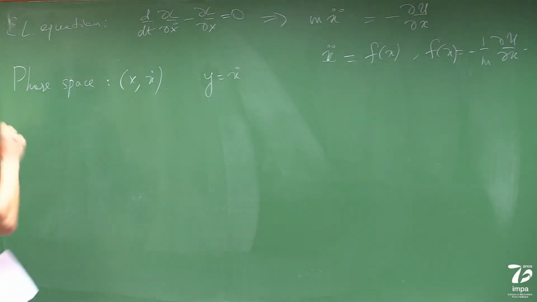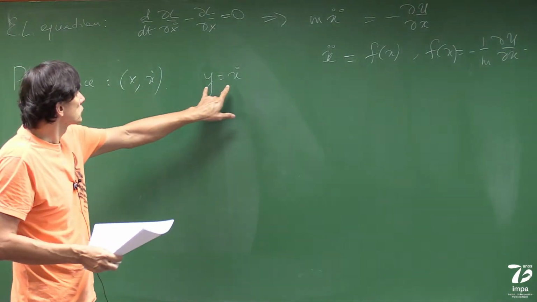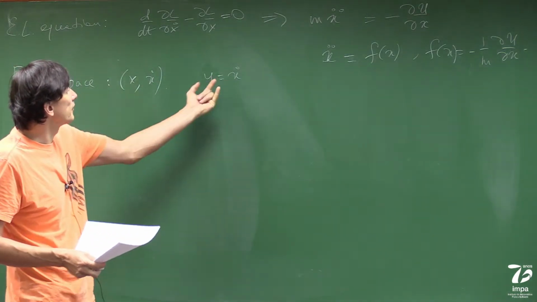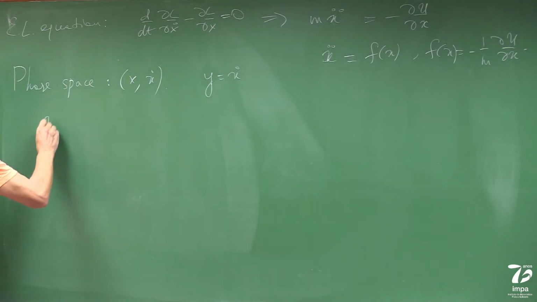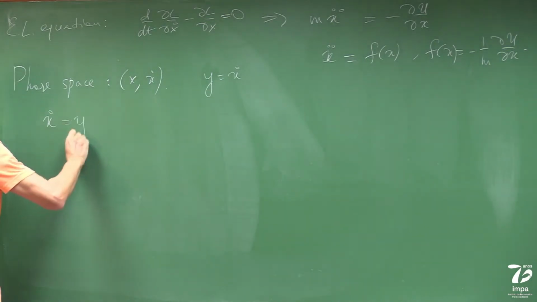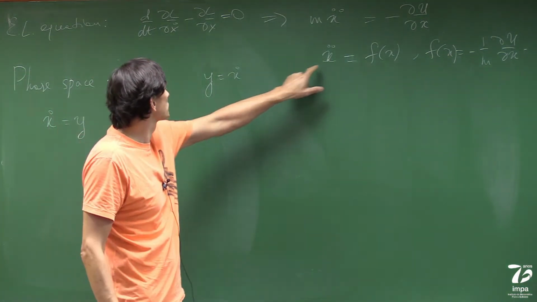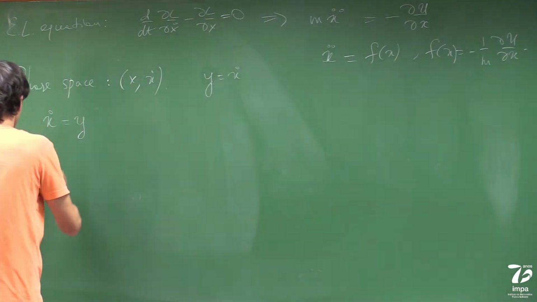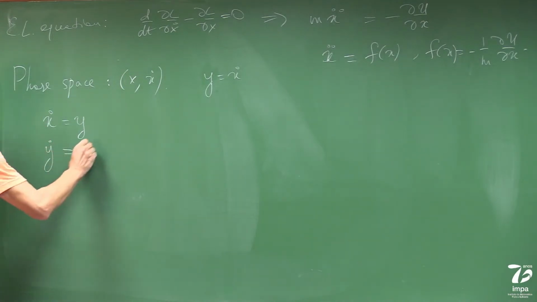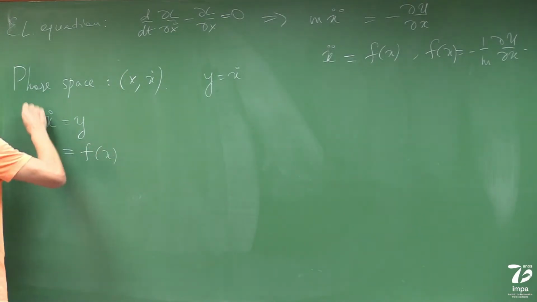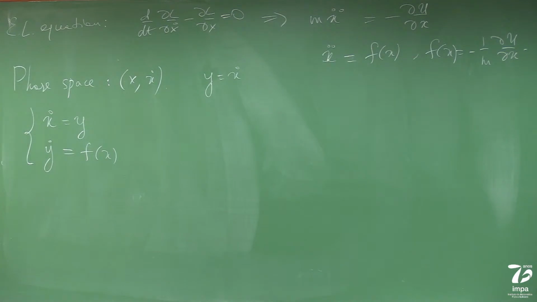So what then do you have? First you take the definition of y, you can flip it. And then you can write this equation, because this is the second derivative of x, which is the first derivative of y, equal to f of x. And this becomes a system equivalent to the first equation.